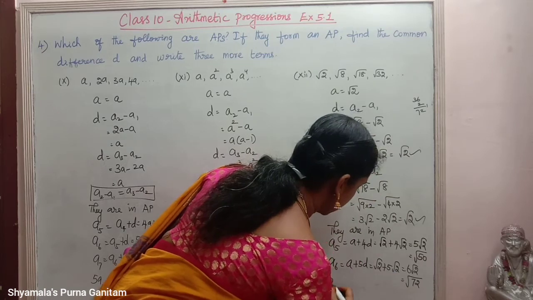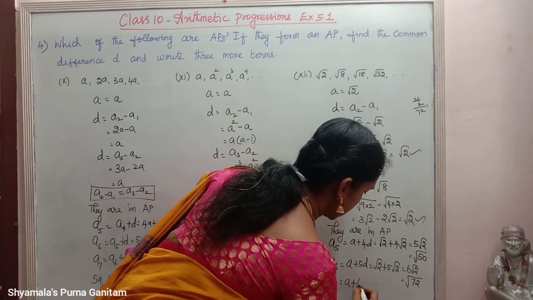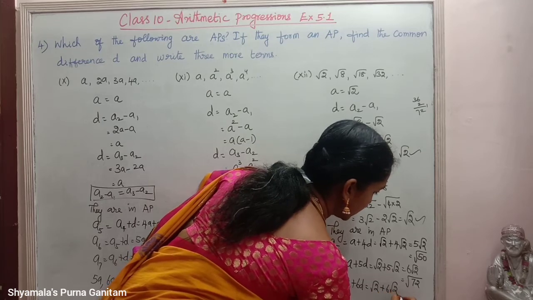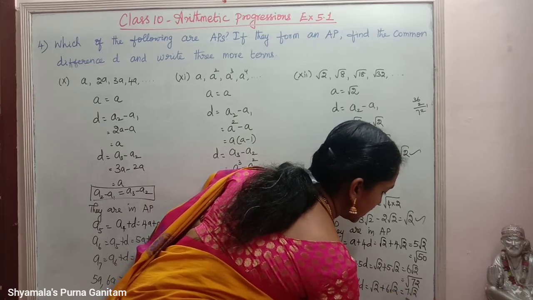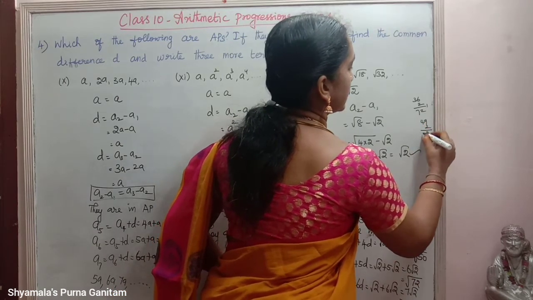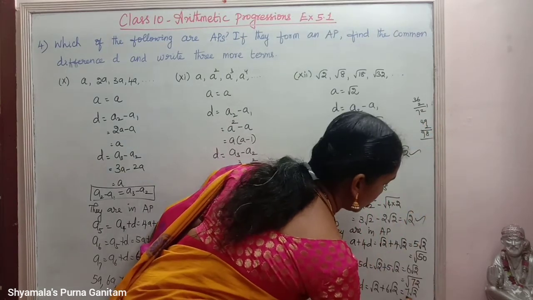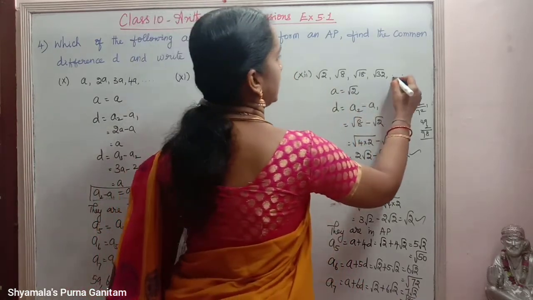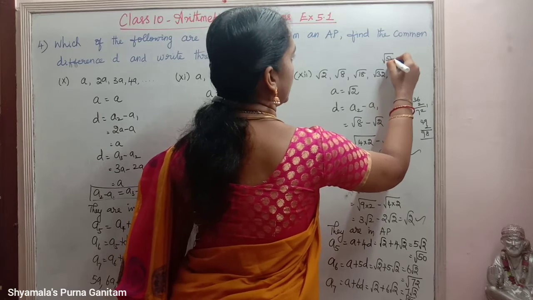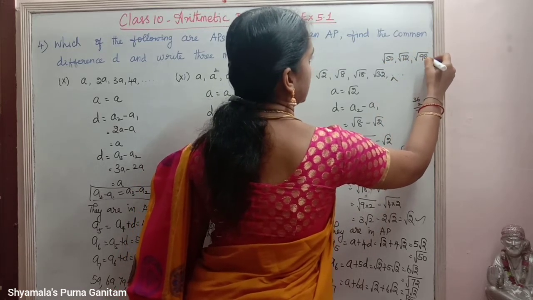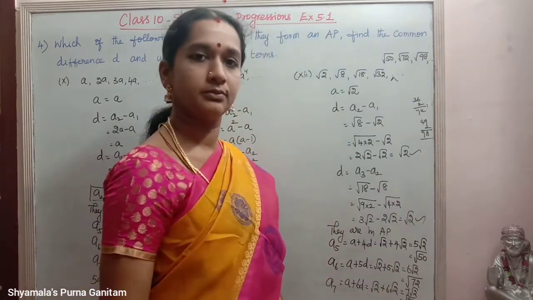Then the next one is a7: a plus 6d, that is root 2 plus 6 root 2, so that is 7 root 2. 49 into 2 is 98, root 98. So the next three terms for this are root 50, root 72 and root 98. Like this it has to be found.